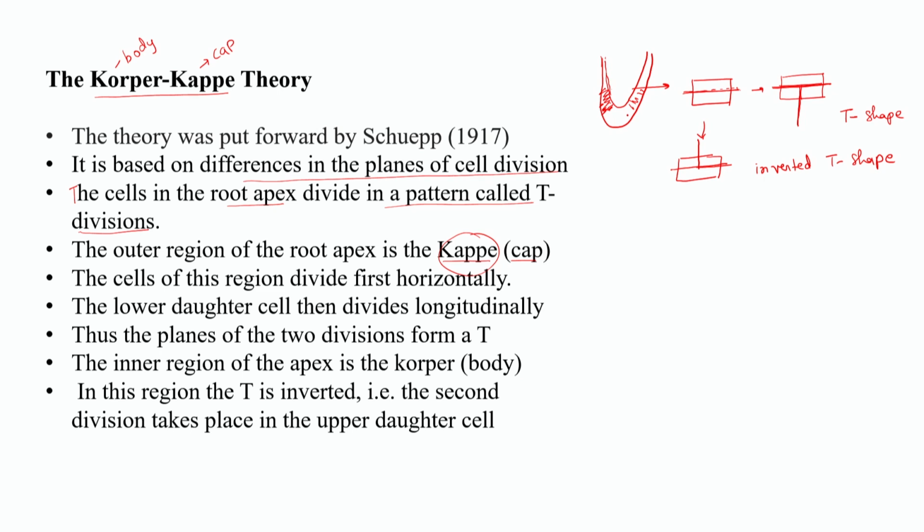And the middle ones divide by the Korper pattern, which forms the body. In the outer region you have a T-shaped structure, which is the cap-like pattern. And in the inner regions of this root apex you will have the Korper type of pattern, which is the inverted T type.